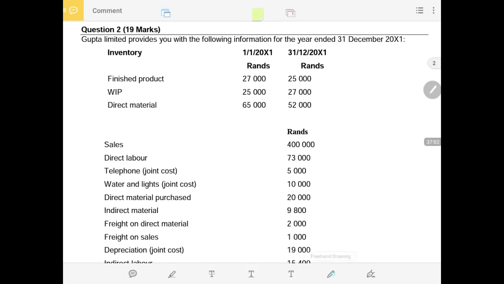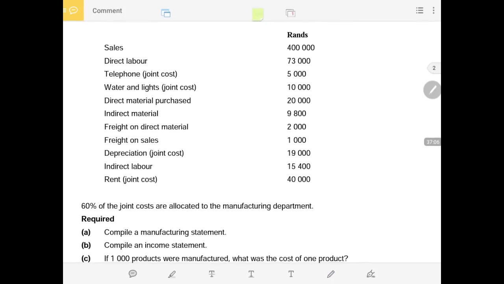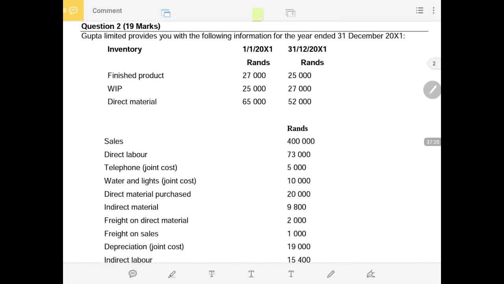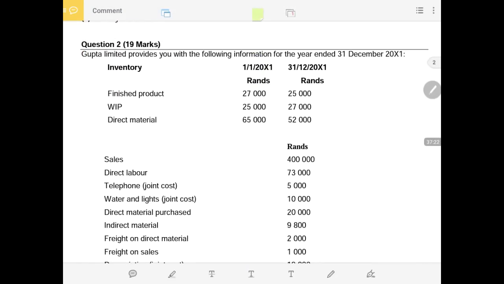Now we are required to compile the manufacturing statement and compile the income statement and determine the cost per unit, or the cost of producing one unit. Now, what are we given first? We are given opening balances.